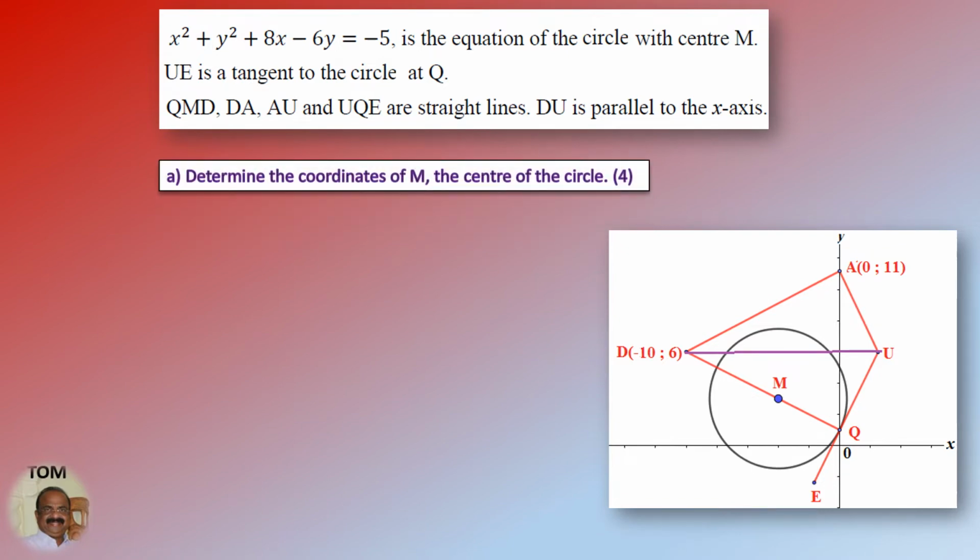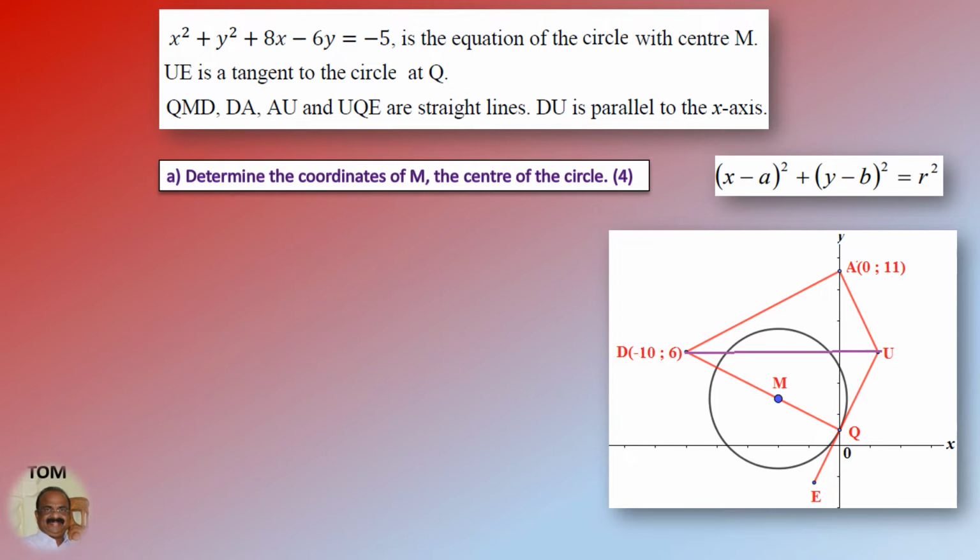Determine the coordinates of M, the center of the circle. A question of 4 marks. So we have the equation of the circle and we must calculate the center M of the circle.